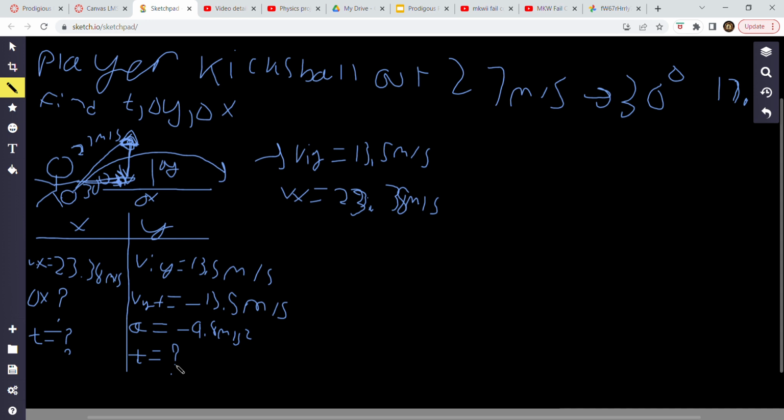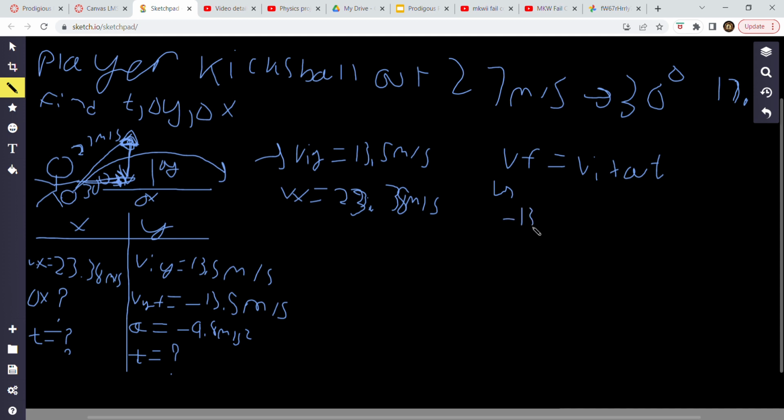We can use this equation, vf is equal to vi plus at, and then we substitute in. We're going to use the y values this time since we have both of these.